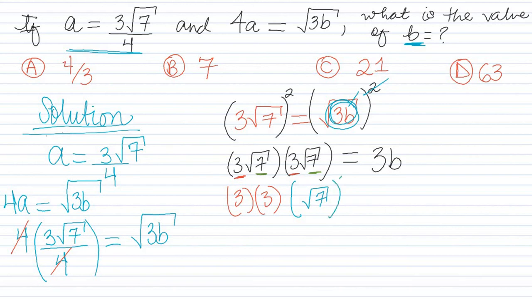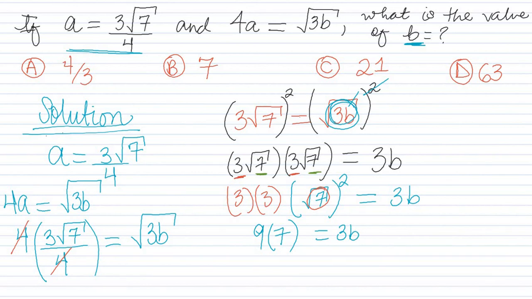We can just call it squared here. And then you have 3b. So 3 times 3 is 9. Square root of 7 squared, same thing that I just explained: what do you do when you square the square root? You just focus on what is inside in the first place. So that will be 9 times 7 equals 3b, right?